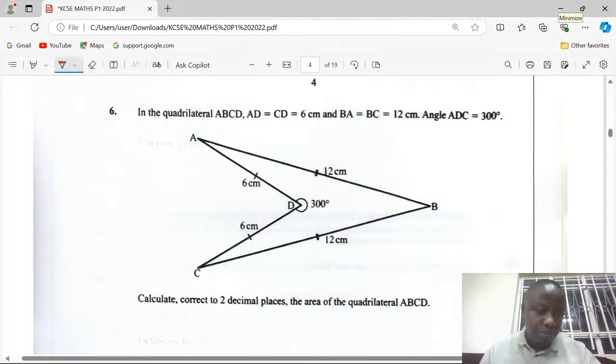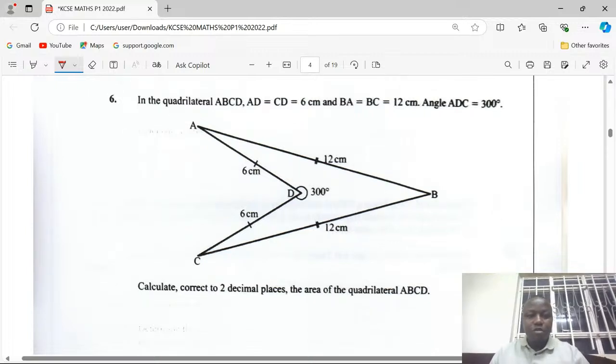We continue. Number 6. In the quadrilateral ABCD, AD equals CD, and this is equal to 6 centimeters, just as we can see in the diagram. Then BA is equivalent to BC.